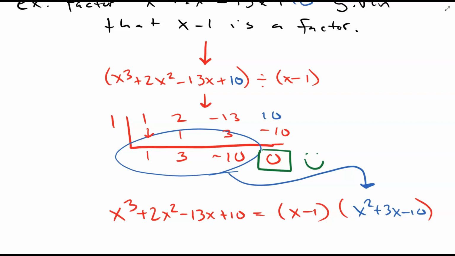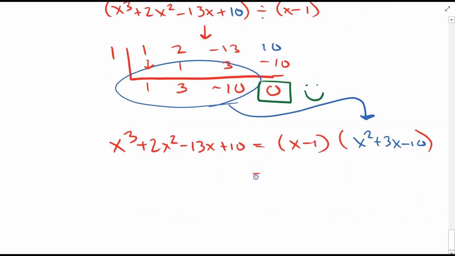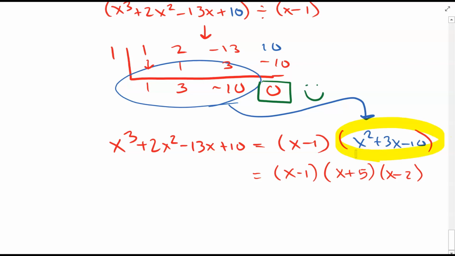Is x squared plus 3x minus 10 factorable? Yes. What does it factor to? Good. So x plus 5, x minus 2. Is this polynomial at the end always going to be factorable?